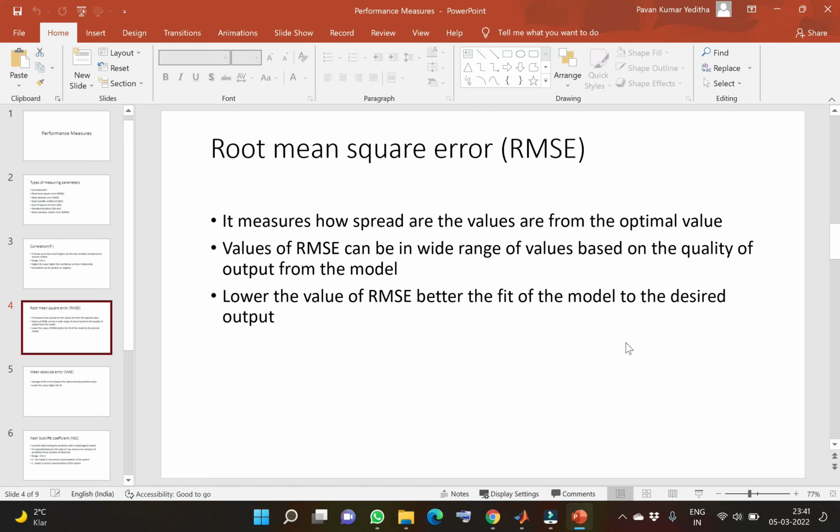So how the points are dispersing from each optimal value is what RMSE measures. This value can take up from as minimum as, let's say, 1 to 1000 based upon how the model is trained. Lower the value of RMSE, better the fit of the model and better the accuracy of the model. That's what we can keep in mind while seeing any value of RMSE.